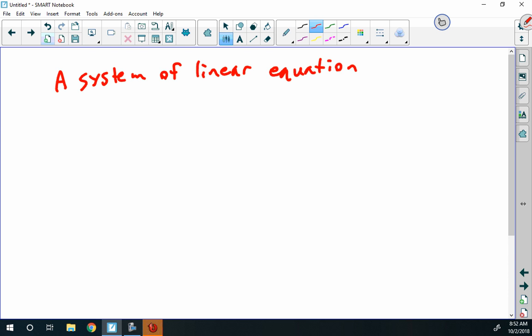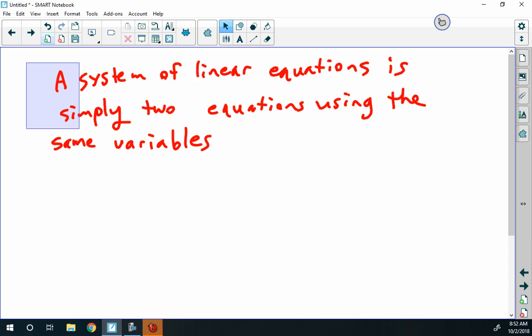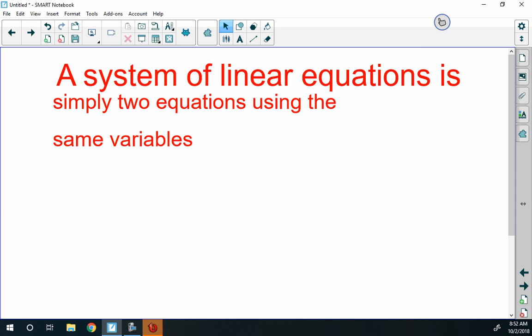A system of linear equations is simply two equations using the same variables. That's the definition.